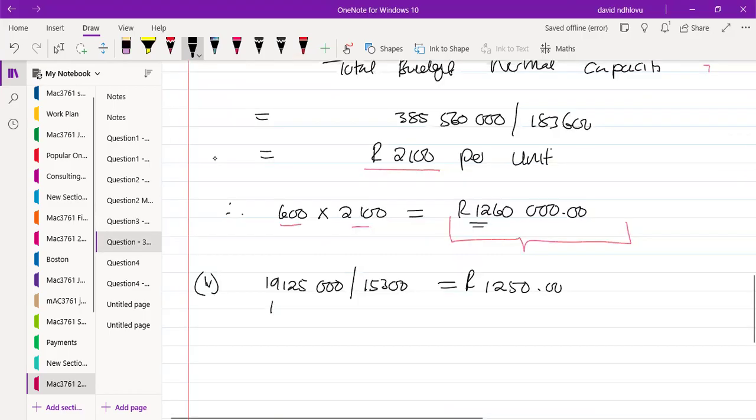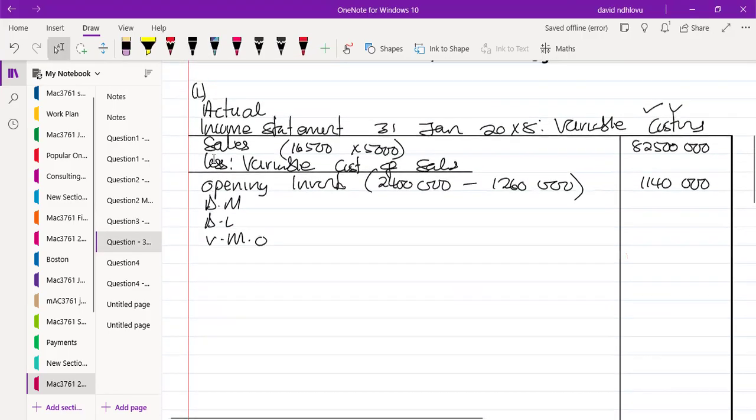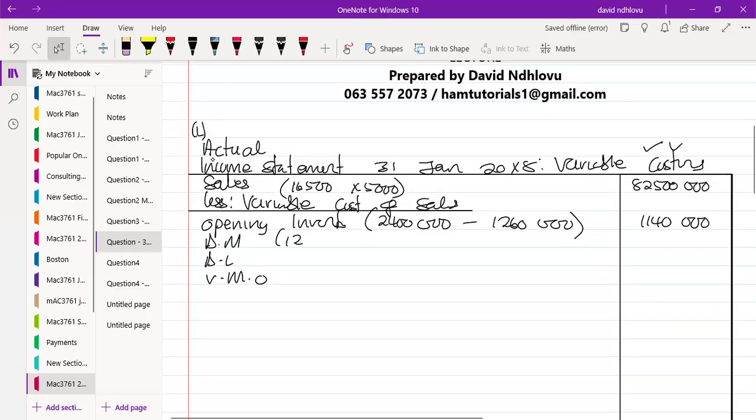So therefore, our figure of 1,250, which is the cost per unit, is multiplied by the 20,000 units which were actually produced. So all in all, we are going to have 25 million. This is the amount that we have in terms of the direct material.